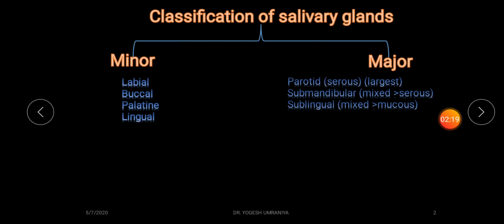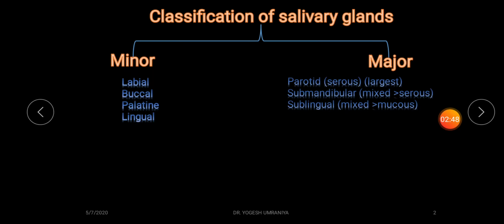To remember the submandibular and sublingual gland, you have to just take two letters from that spelling. Suppose from the submandibular gland we are taking the S and M, that stand for serous and mucus, but the S comes before the M, that is why the serous component is more than the mucus component in the submandibular gland.